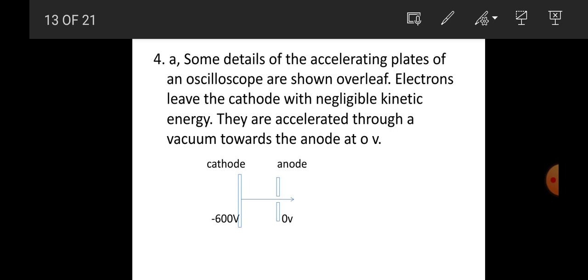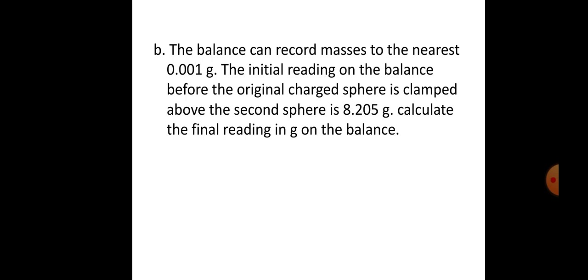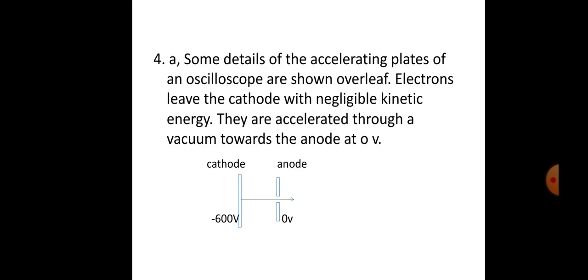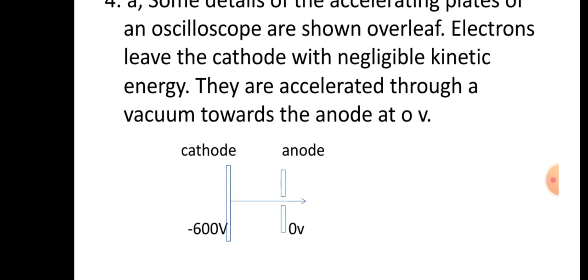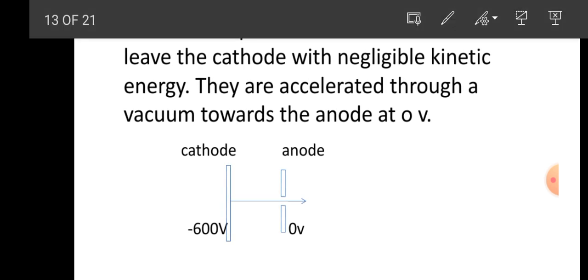question. Some details of the accelerating plates of an oscilloscope are shown over a leaf. Electrons leave the cathode with negligible kinetic energy. They are accelerated through vacuum towards the anode at 0 volt. Look, the electrons are emitted from the cathode, accelerated towards the anode.